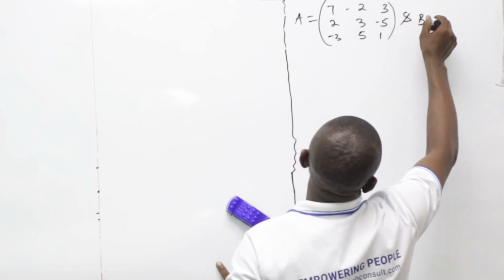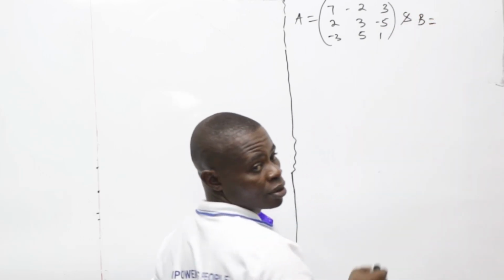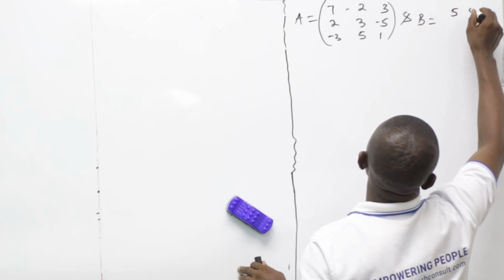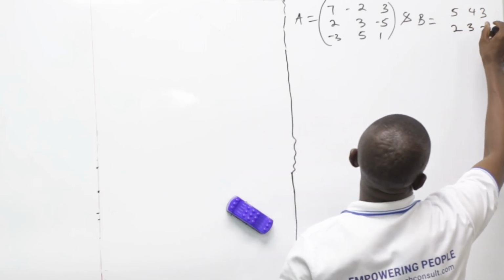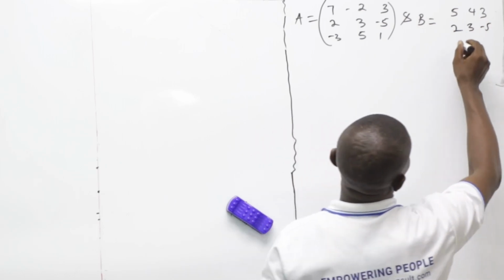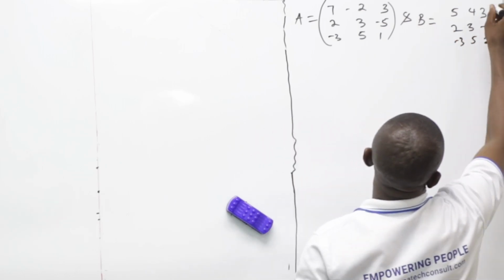And the B equals 5, 4, 3, 2, 3 minus 5, minus 3, 5, 2.